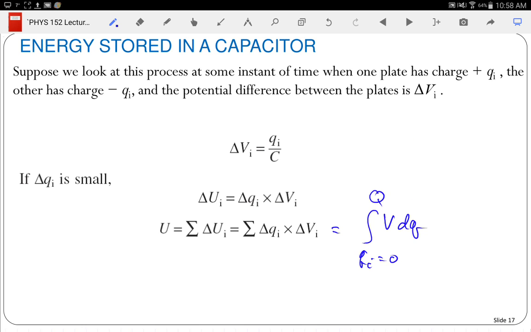Now for our calculus people, since V is equal to Q over C, that's equal to the integral from 0 to Q of Q over C dq. What do I get?